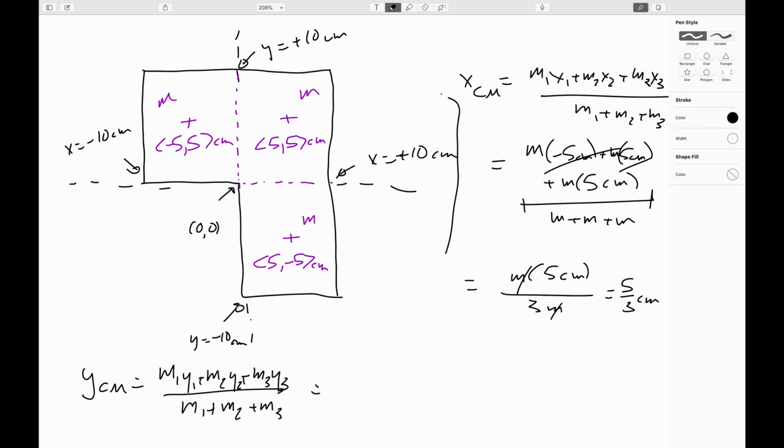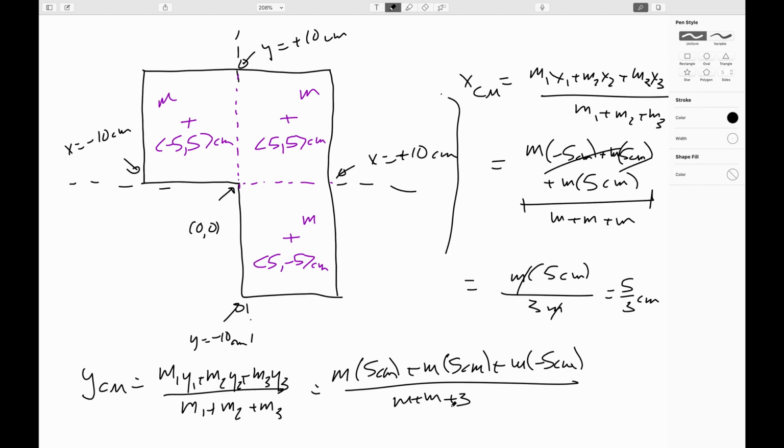And that will give us, again here, m times 5 centimeters plus m times 5 centimeters, plus m times negative 5 centimeters, over m plus m plus m.